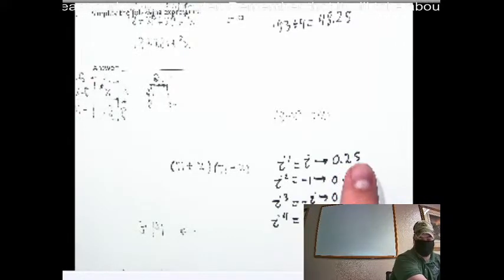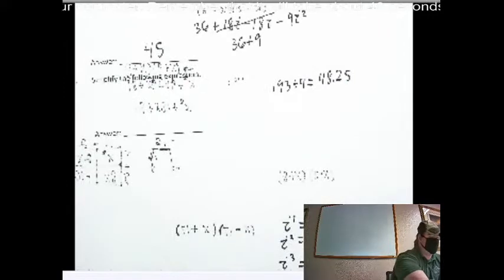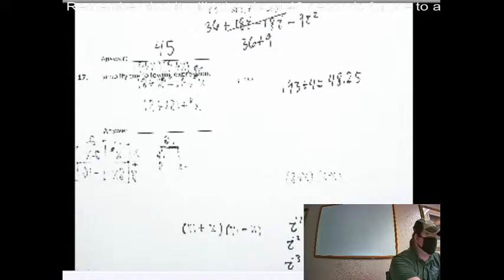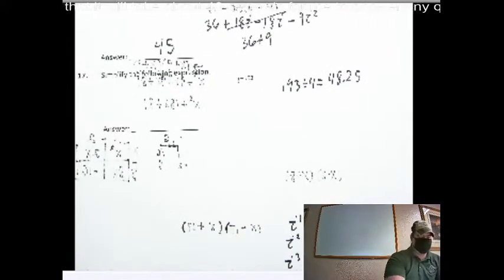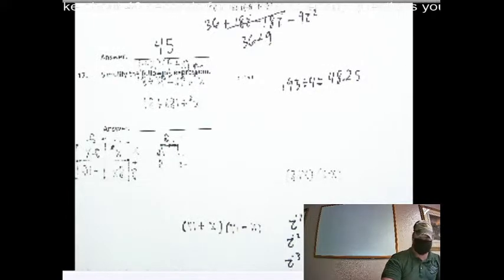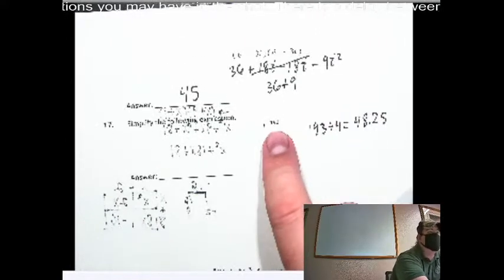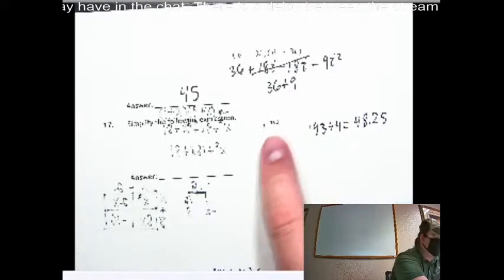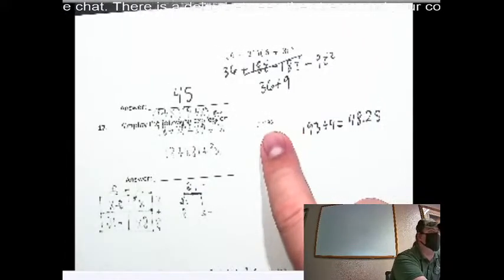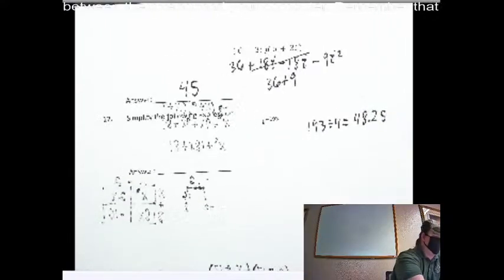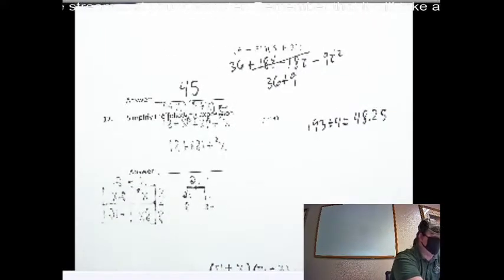So i to the -193 power, divide by that, we get 0.25.